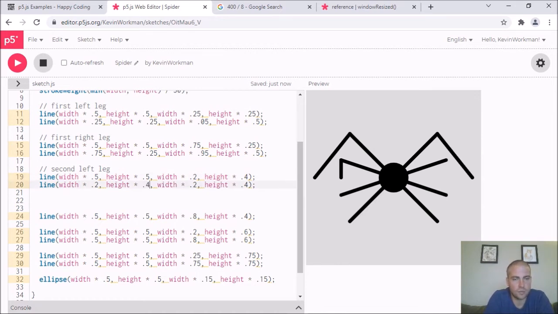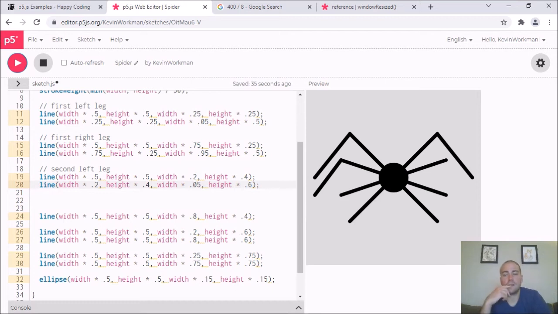Okay, so 0.4. And then I want it to go down to what? Width times 0.05 maybe, matching the left edge of that one. And height times what? I don't want height times 0.5 because that's right here. So maybe height times 0.6, so it'll be down here-ish.